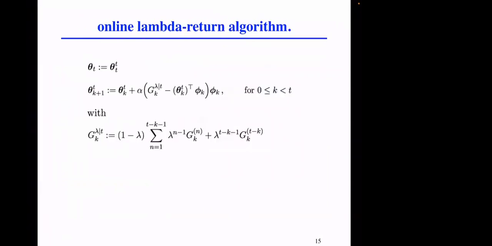Okay. So with this trick, we now have an online version of the lambda return algorithm that uses interim lambda returns. It redoes all the updates: at every time step, it redoes all the updates it has done before, but with interim lambda returns with the current data horizon.